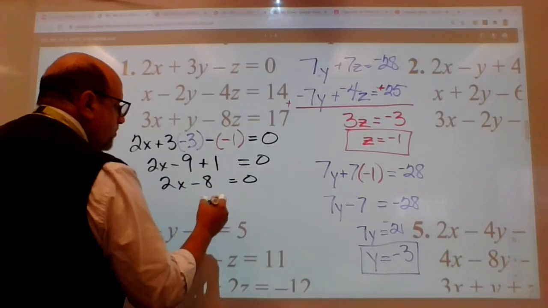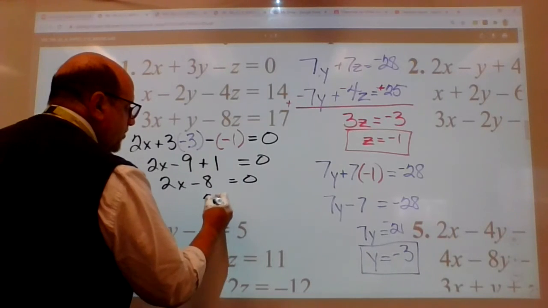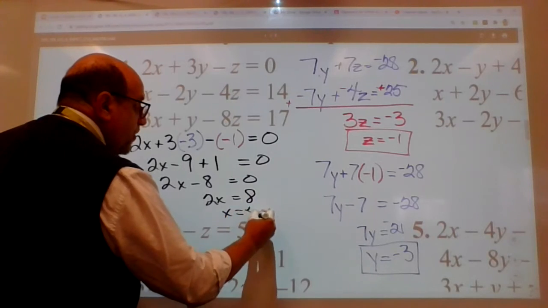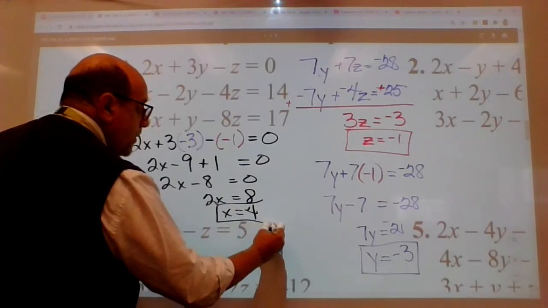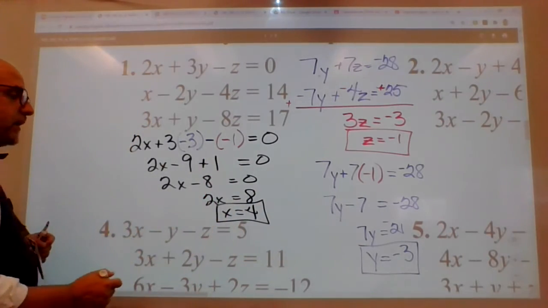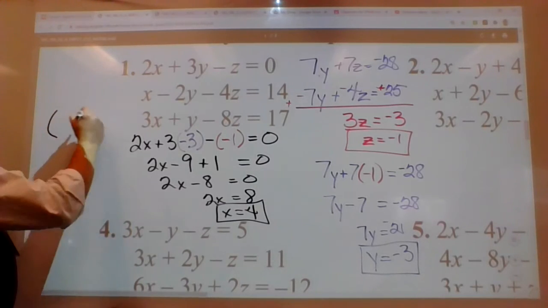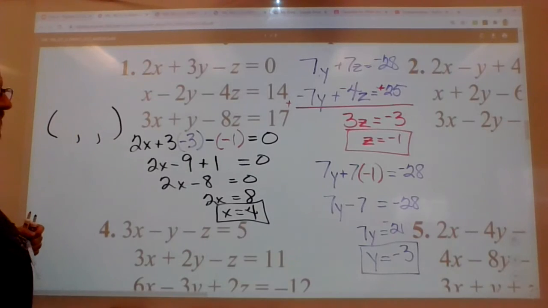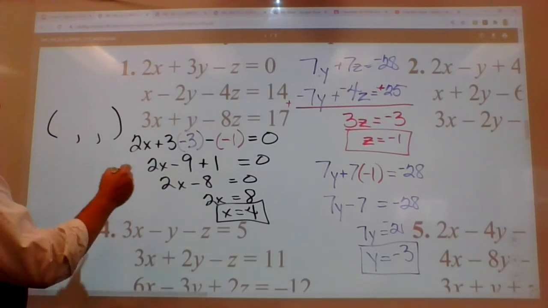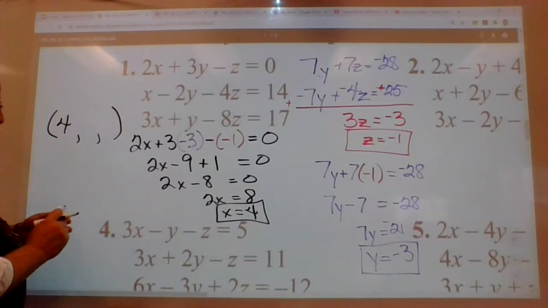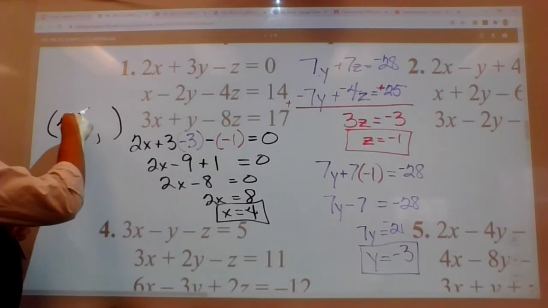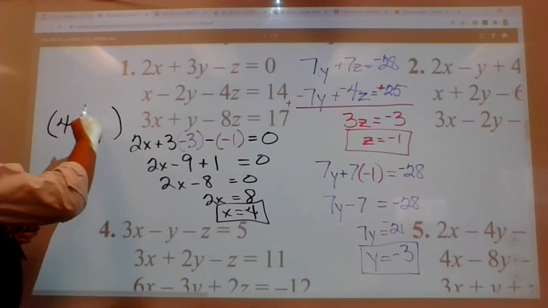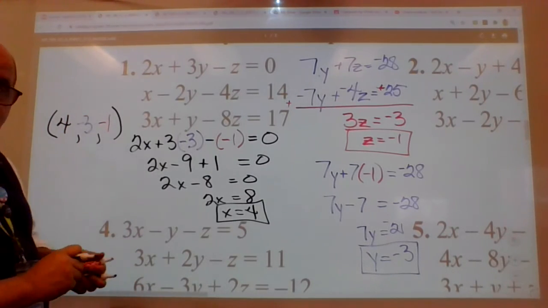We add 8 to both sides, so 2x equals 8, therefore x equals 4. And if we want to write it as coordinates on our three-dimensional plane, we're going to say x is 4, y is negative 3, and z is negative 1.